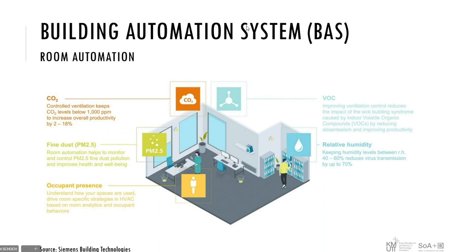So these are all kinds of room automation or sensing and measuring equipment that are installed in the most recent office buildings in order to ensure safety, health, as well as productivity of the people working there, and to improve the interior conditions.